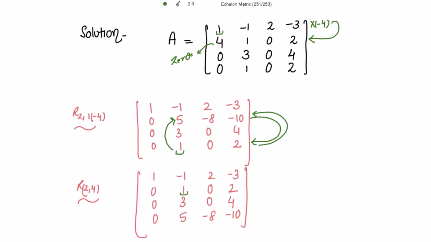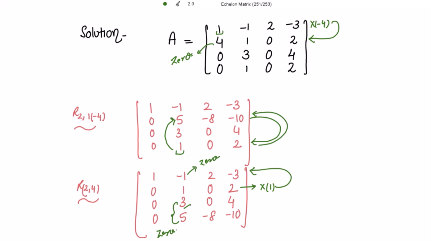In the next step, I need to get all these to be 0. The entries above and below 1 to be 0, right? Okay, for that, to get 0 in place of negative 1, multiplying the elements of the second row with 1 and adding its elements to the row 1.